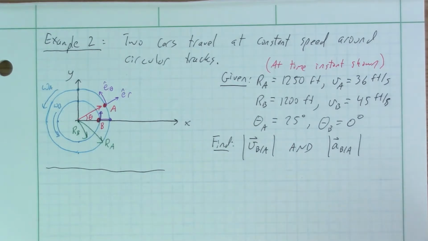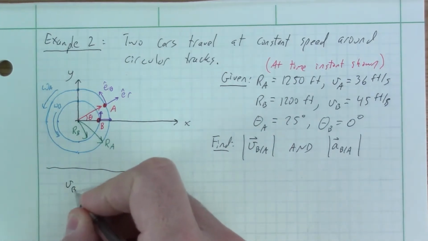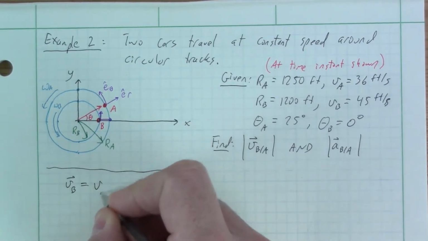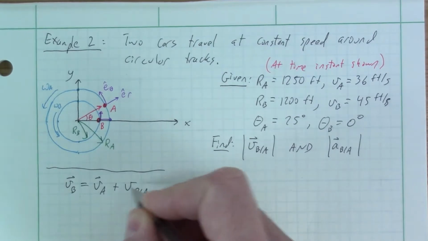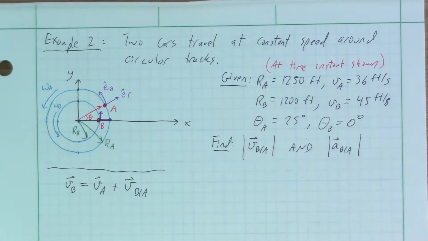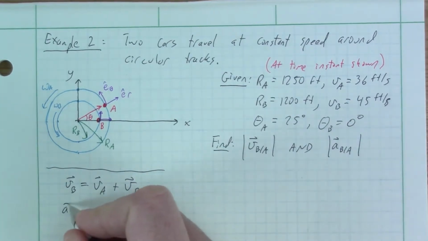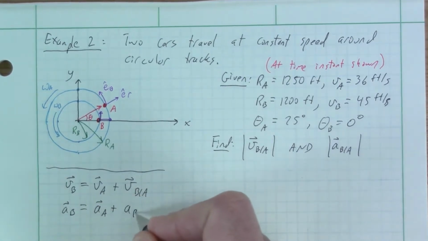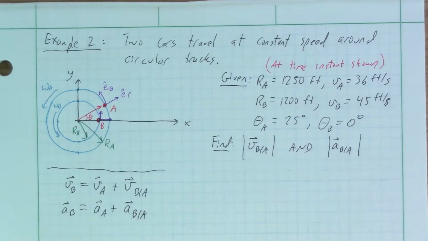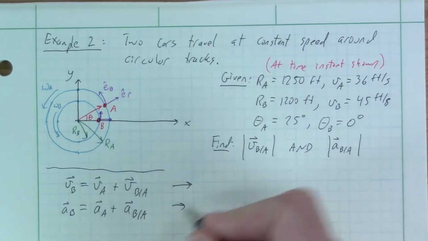Okay. So let's get our relative motion relations down here and we'll talk about it. If we want to know B's motion relative to A, we'll write it like that. And that goes for acceleration as well. So rearrange both of these.